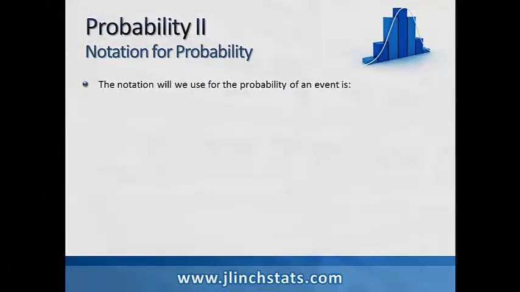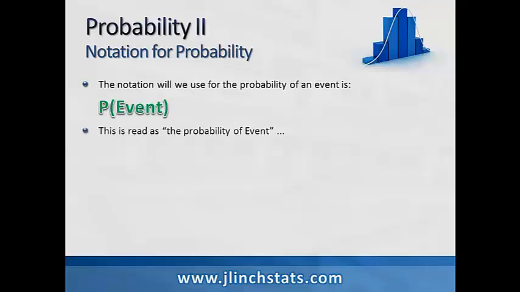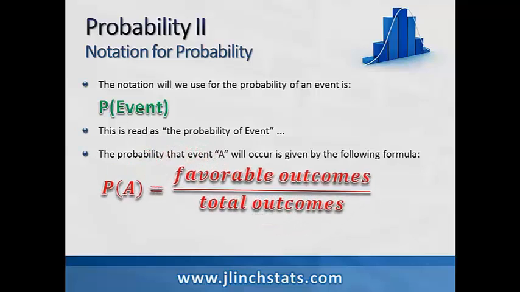Now let's begin with the notation for probability. The notation we use for probability of an event is the capital P followed by, in parentheses, the event that we're talking about. So this is read as the probability of event. The probability that event A will occur is given by the following formula. The probability of event A is equal to the favorable outcomes divided by the total outcomes.